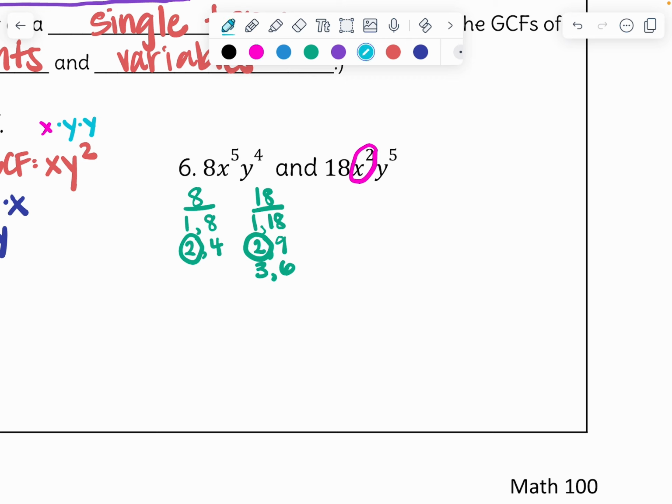For y, we have 4 and 5, so we're going to use y to the power of 4. So the greatest common factor for these two terms is 2x squared y to the power of 4.